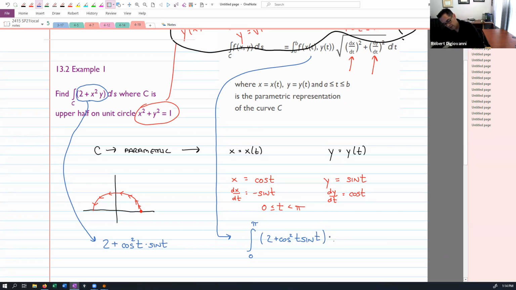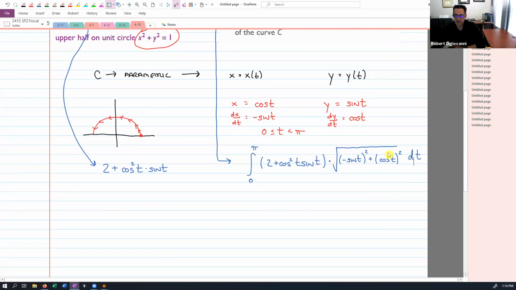We need to multiply that times the square root of the derivative of x with respect to t, which is negative sine t, squared, plus the derivative of y with respect to t, which is cosine t, squared, dt. And that is nice, right? This just becomes sine squared t plus cosine squared t, which is 1. Square root of 1 is 1. So luckily for us, that whole thing just goes away.